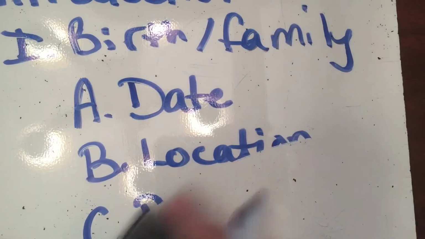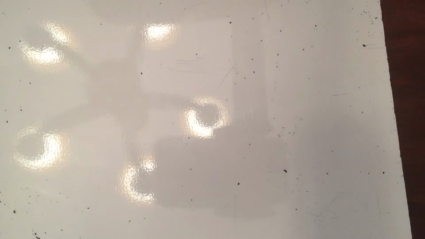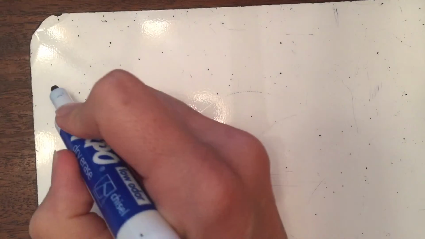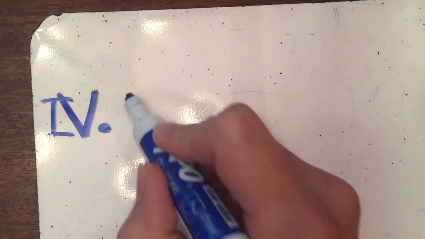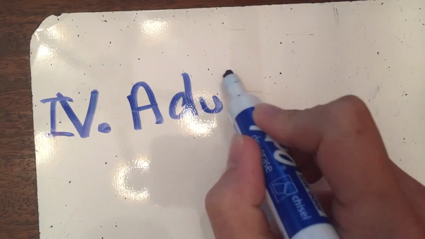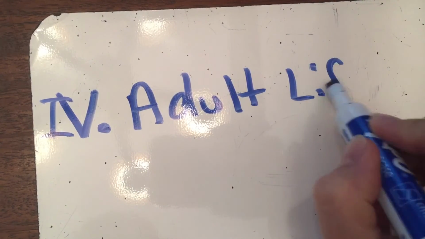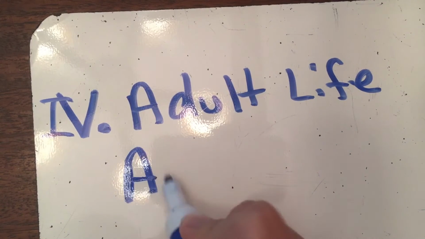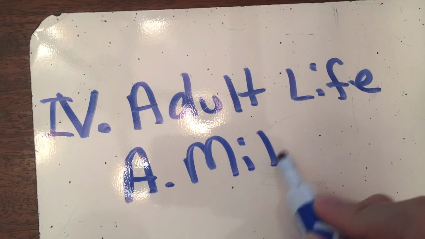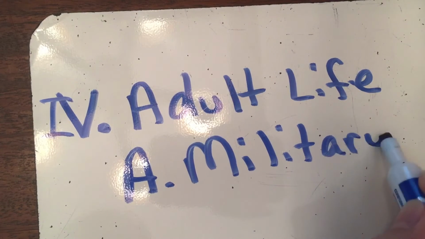Okay, so then I'm thinking about later in the essay, or later in the outline, when maybe I have Roman numeral 4 and I'm talking about his adult life. So I go through my index cards, and maybe I have A, maybe I'm going to talk a little bit about when he was in the military.